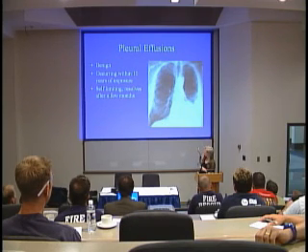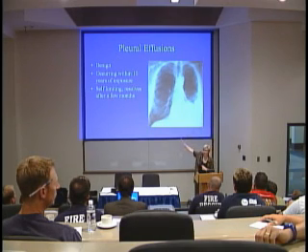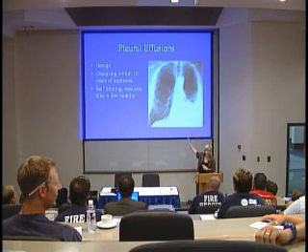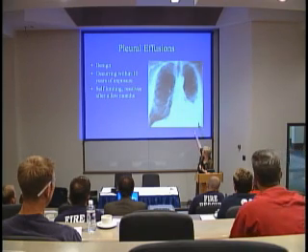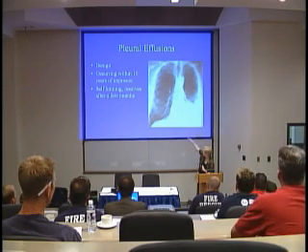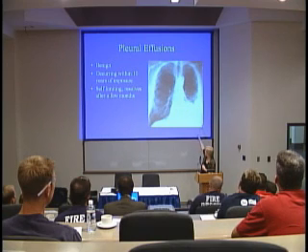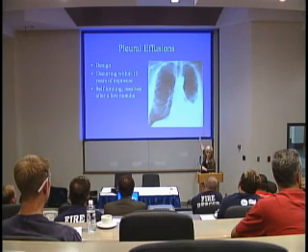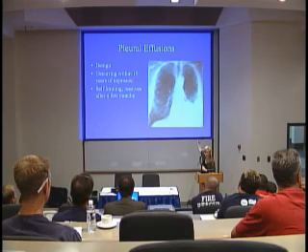So if you look at this chest x-ray, this is the right side and this is the left side. On the right hand side you see a normal lung. You also see the blood vessels coming out from the heart into the lungs, and that's what that white line is there. Over here, obviously it's different than the other side. You've got the heart shadow, but there's also this white blob that shouldn't be there, and that's the fluid.